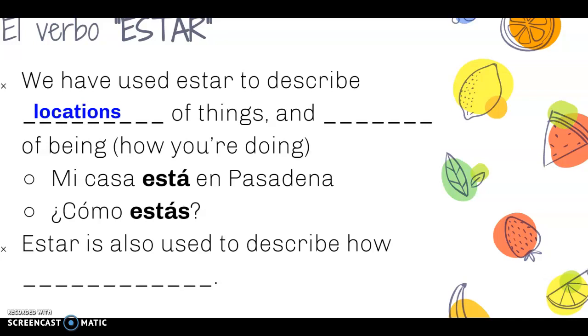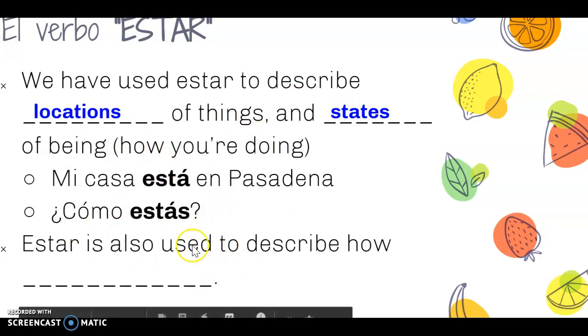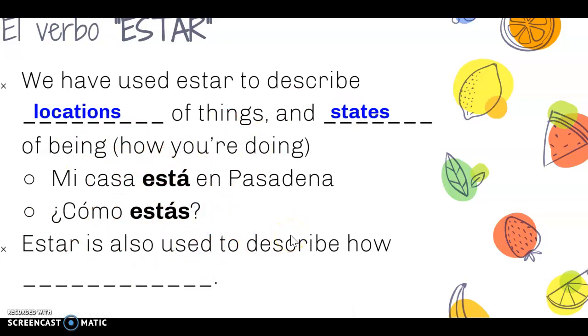El dormitorio está detrás de la cocina, for example. And the other significant way we use estar is to describe states of being, meaning how you're doing. If you look at the examples here, mi casa está en Pasadena.